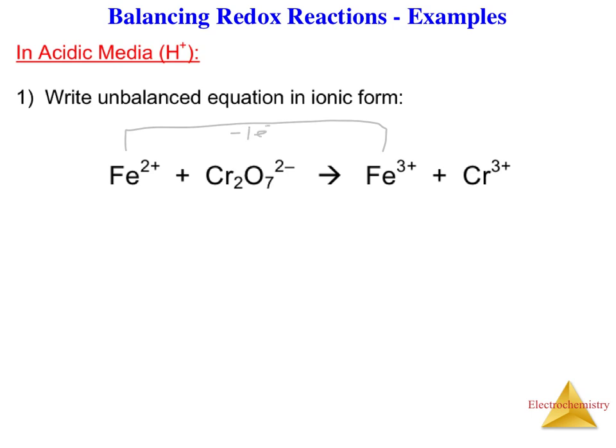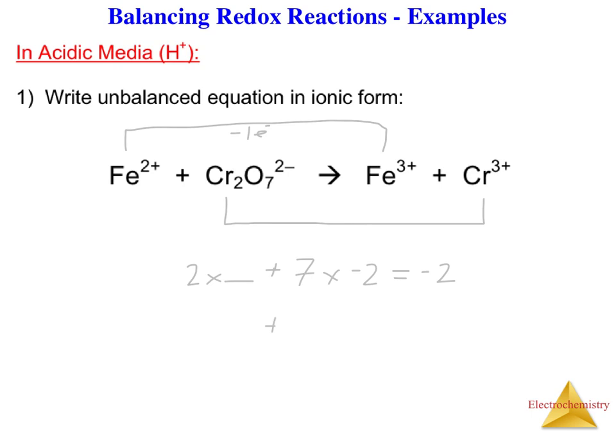Now, for my chromium, I've got chromium that's going to form Cr3+, but I need to know the oxidation state of chromium. Oxygen in a compound is almost always -2, so I can think about having 2 times some oxidation state for the chromium plus 7 times -2 for the oxygen, and all of that has to add up to a -2 overall charge on the molecule.